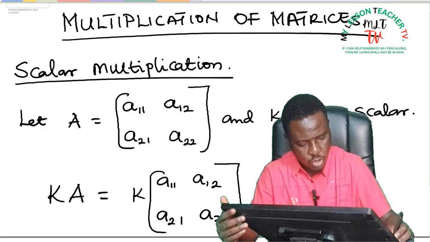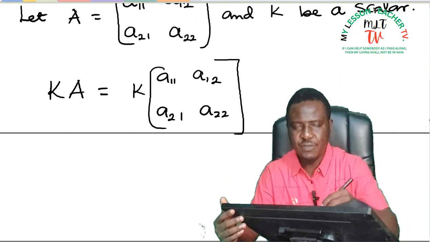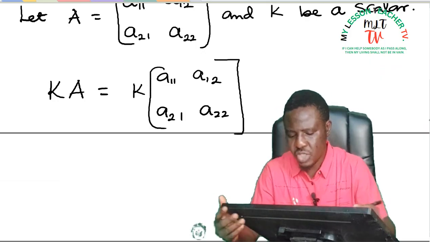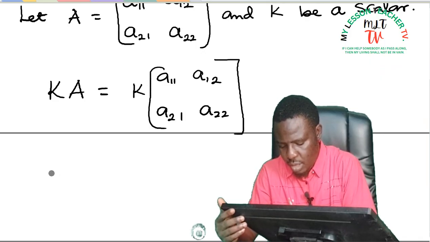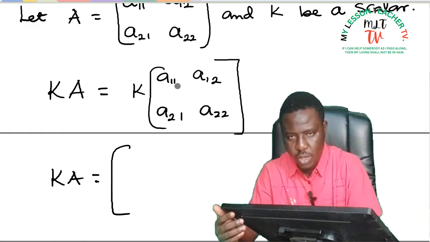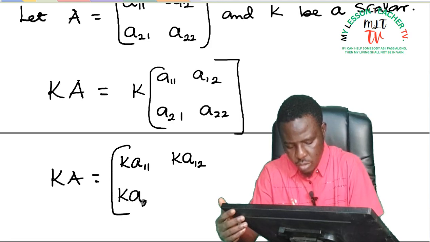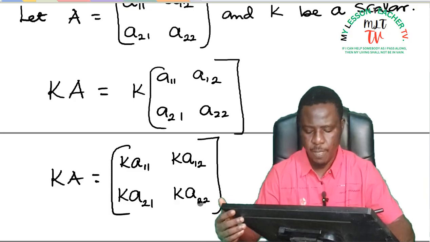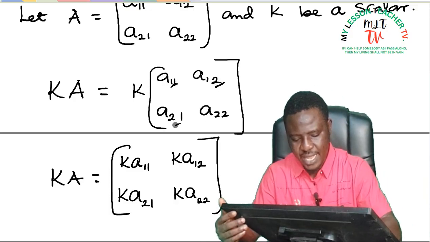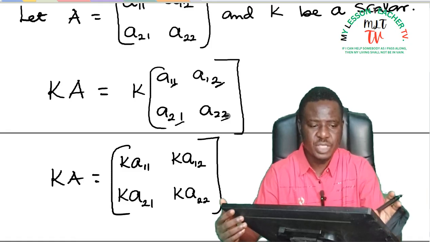So in scalar multiplication, what you are to do is to multiply every term of that matrix by K, and it gives you a new matrix C. Let's call it matrix C. So KA will be equal to your C11 of the new matrix becomes KA11, KA12, KA21, and KA22. Since it is a constant term, we have to multiply every element of that matrix by K, and it gives you the new matrix KA. So this is what scalar multiplication of a matrix is all about.